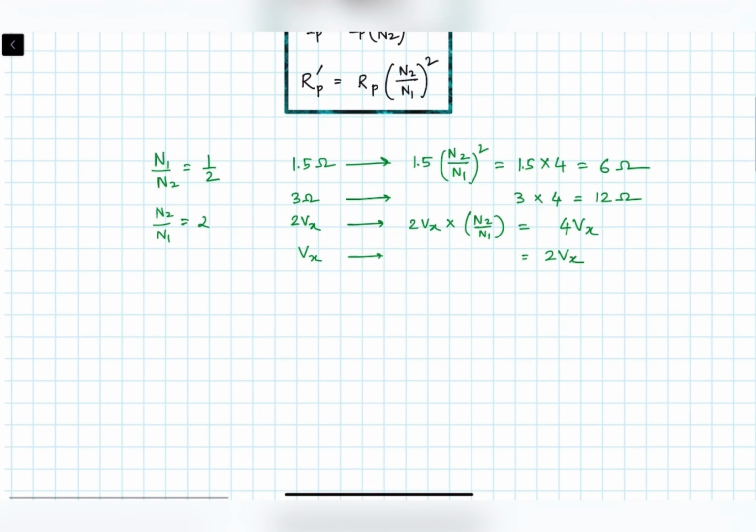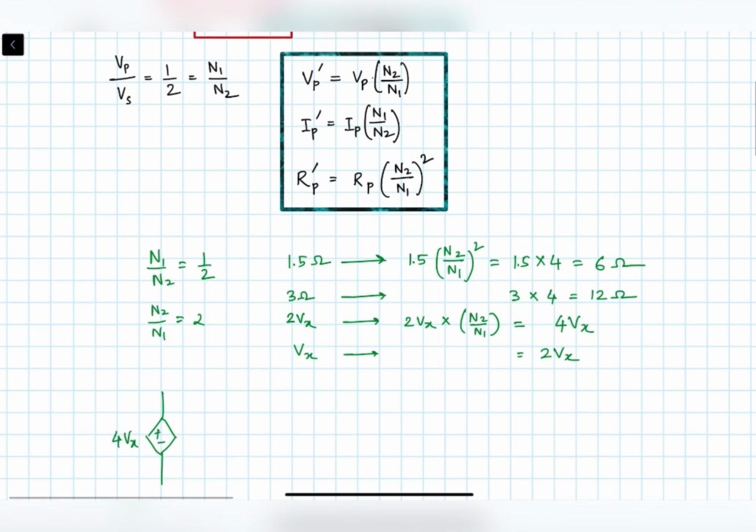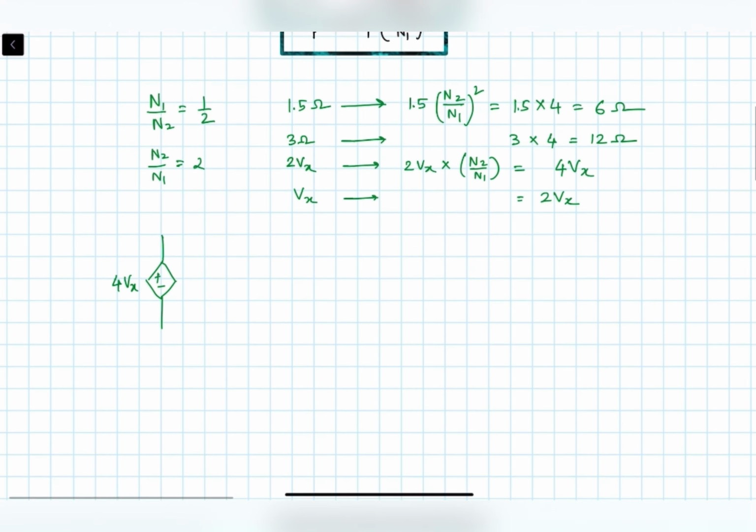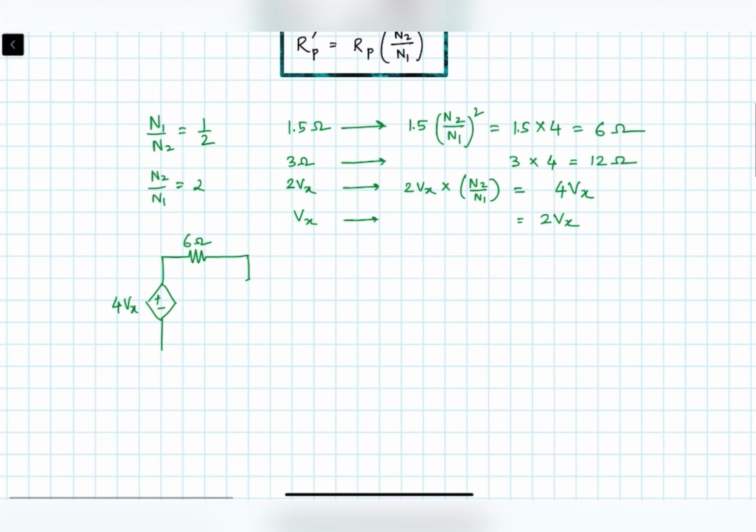Now let's redraw the question. So we have a voltage source at the left hand side, which is 4Vx now, plus minus. Then we have the 1.5 ohm resistance, which is now 6 ohm, and then we have another 3 ohm here, and that has become 12 ohm, and the voltage also 2Vx.